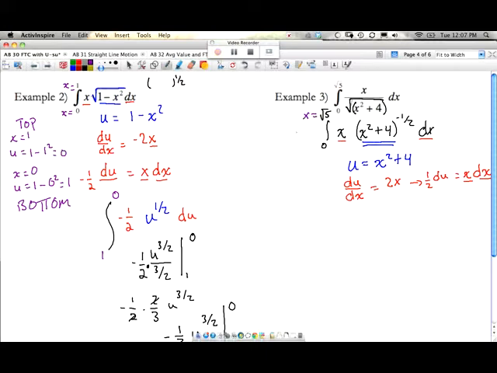So if x equals square root of 5, then u equals square root of 5 squared plus 4. Well, square root of 5 squared, that's 5, plus 4 equals 9. And then u for the bottom is going to be 0 squared plus 4, which is 4.